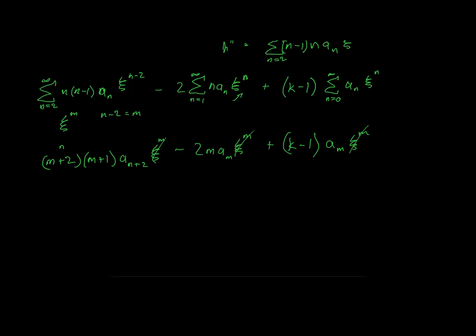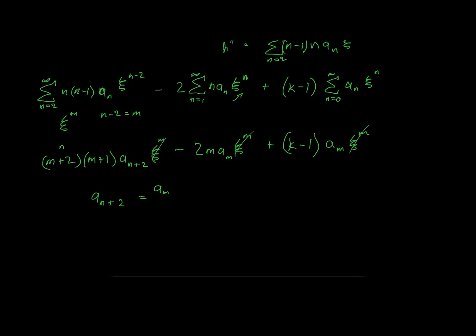Put the m plus 2 on one side, everything else on the other side. So we get a sub m plus 2, we're solving for that for our recursion relation. Let's rewrite this. I'm just going to go ahead and do this now.